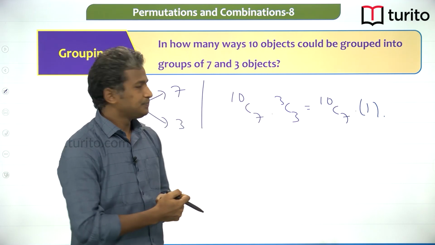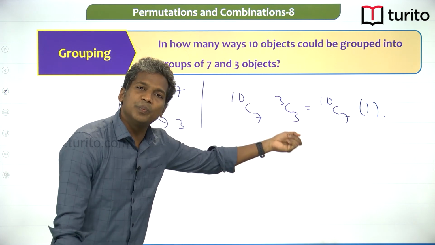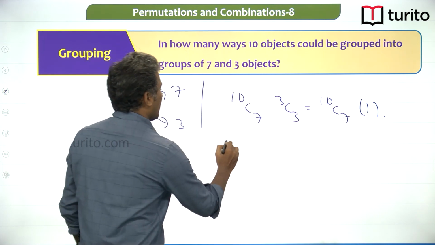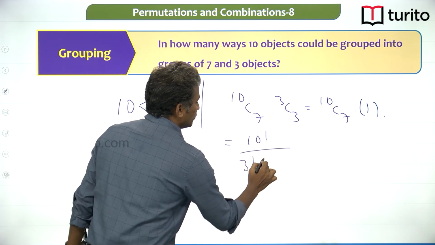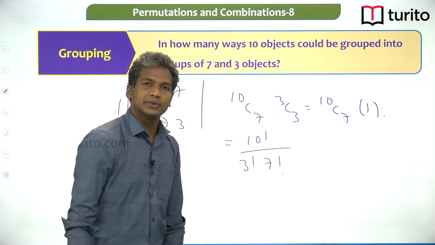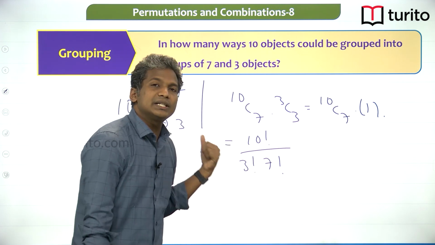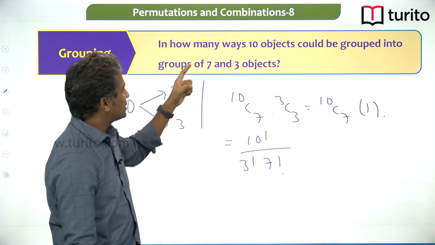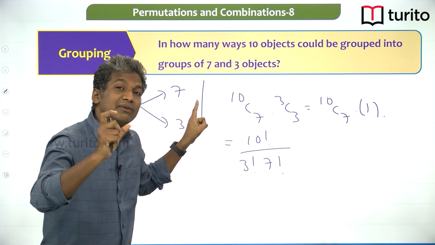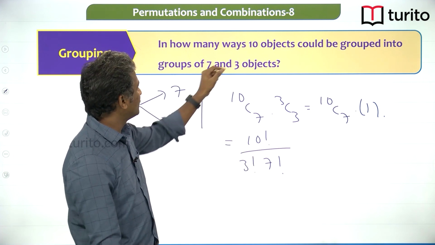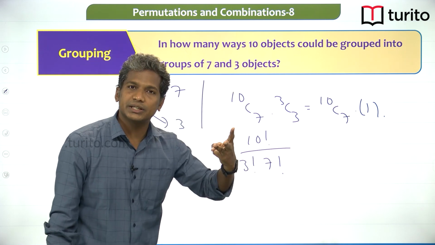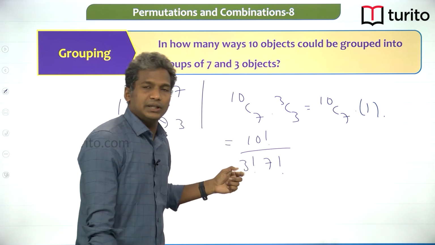So, this way we can conclude that these are the total number of ways of forming a group. Okay. Now, if we open this up, what do we get here? We will be getting 10 factorial by 3 factorial into 7 factorial, right. Now, you can also understand it this way, because first group is having 7 objects, there is 7 factorial in the denominator. Now, the second group is having 3 objects, so there is 3 factorial in the denominator.